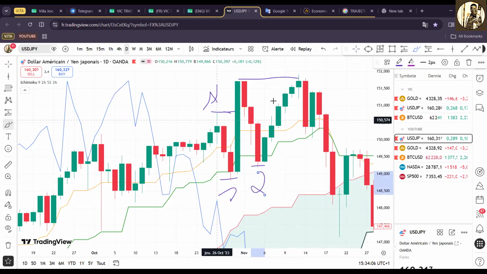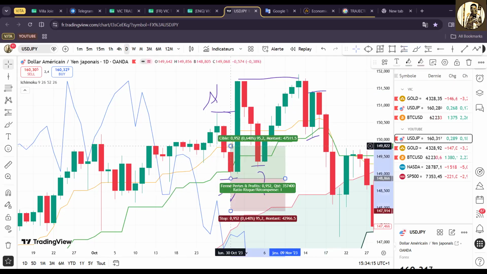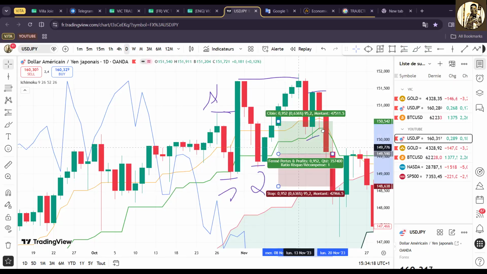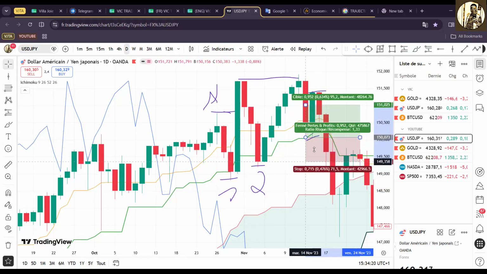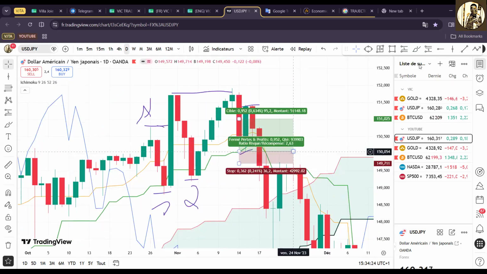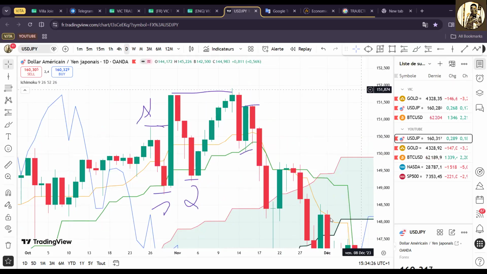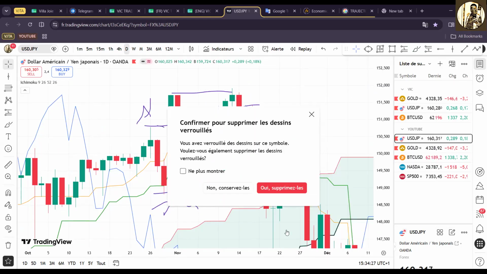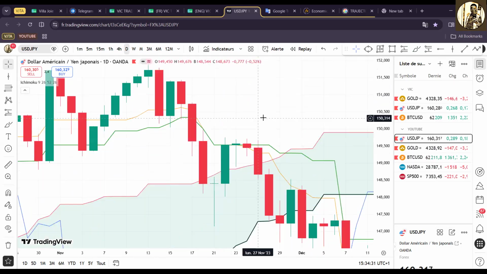But after the first one created a V breaker, the third touch of Kijun didn't create a V breaker. So that's why I'm saying that generally, Kijun will not create a V breaker directly at the first touch. Just be aware that Kijun will not create a V breaker at the first touch all of the time.